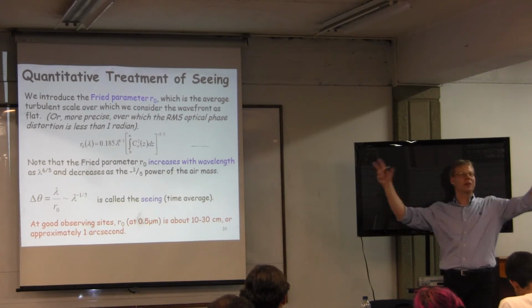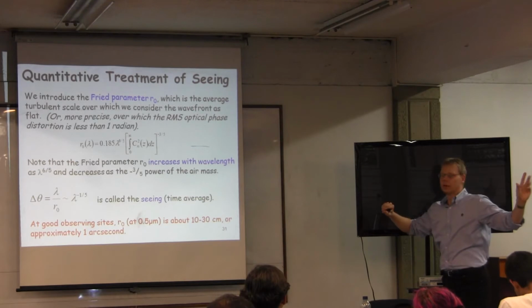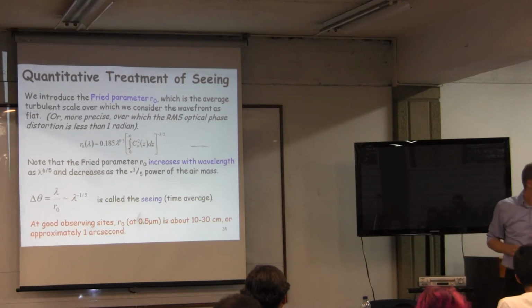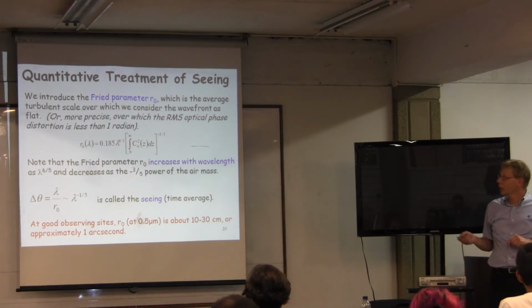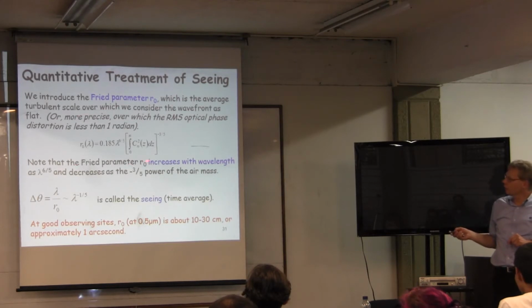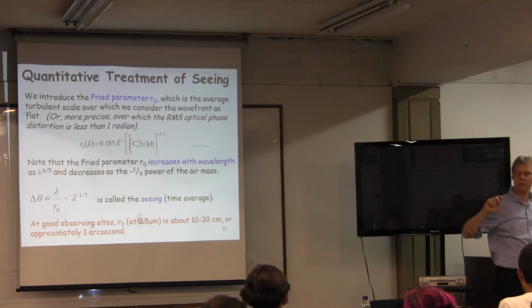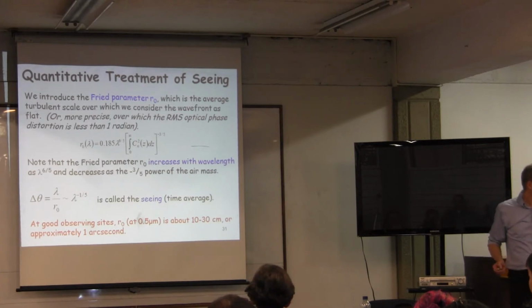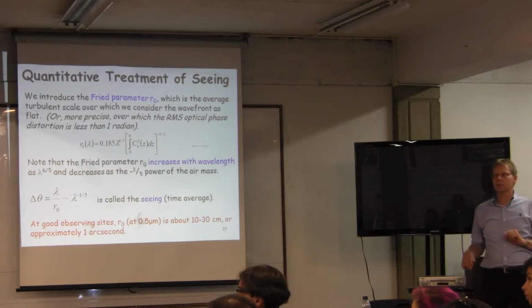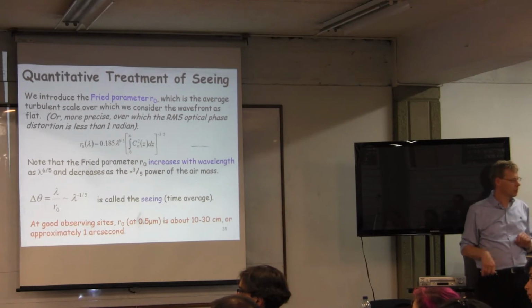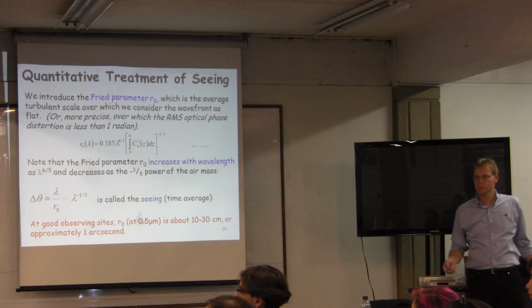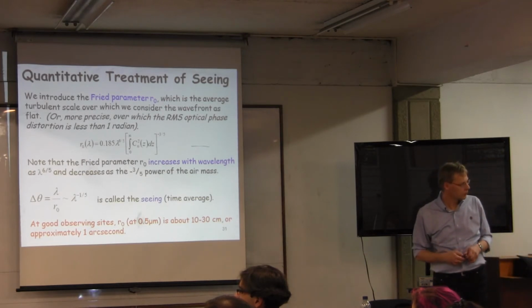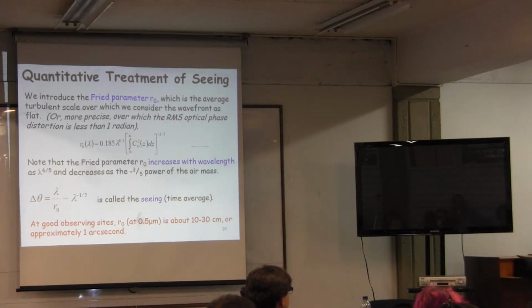Ideally, we would like the whole sky to be flat, so R naught should be very big. If R naught is big, you can consider the whole wavefront to be flat at large scales. If it's small, then you only have patches that are flat. So R naught should be large.